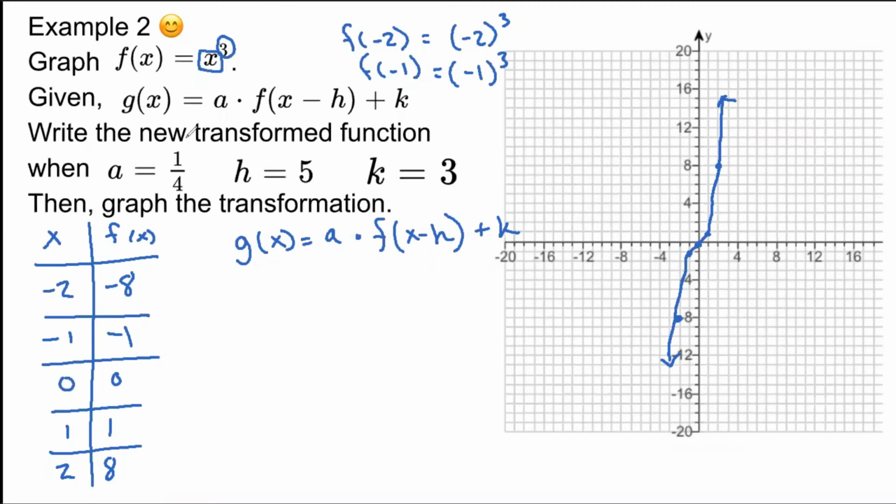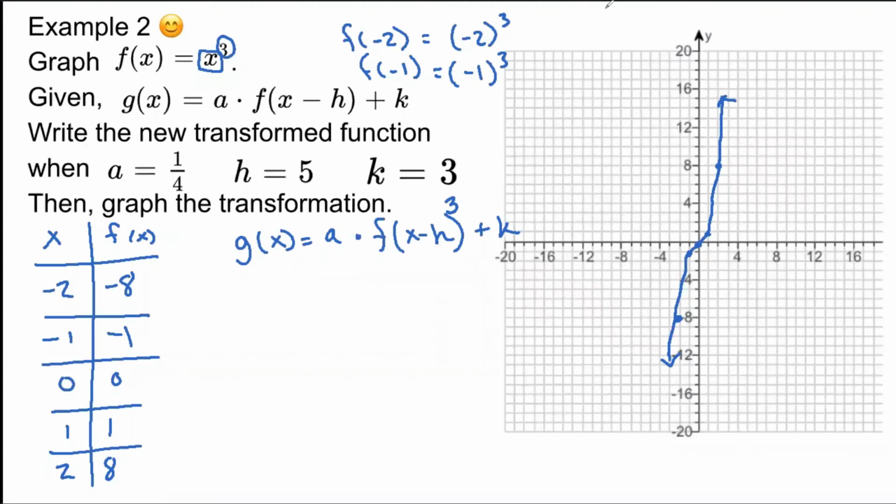And I want you to notice that it's directly outside of wherever our variable is. So we're going to write that degree of 3 directly outside of our x minus h, because that's where our variable is present, right?